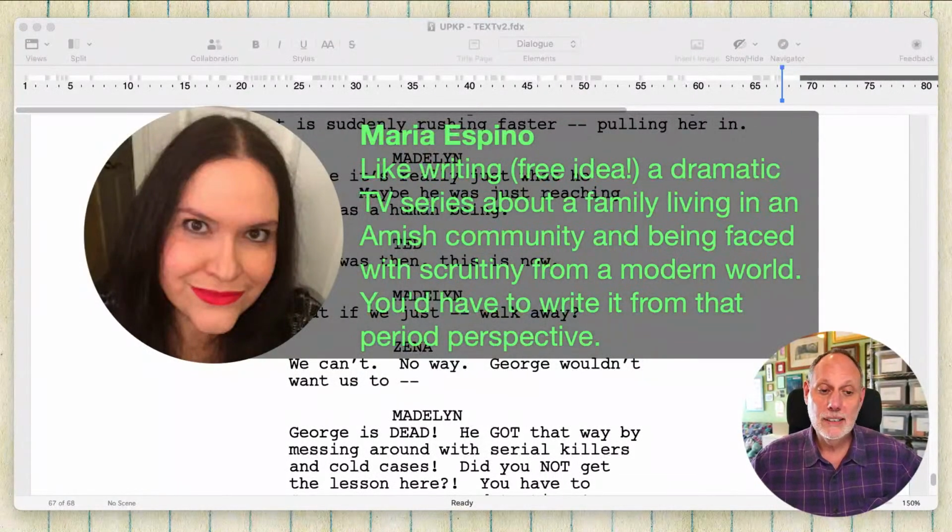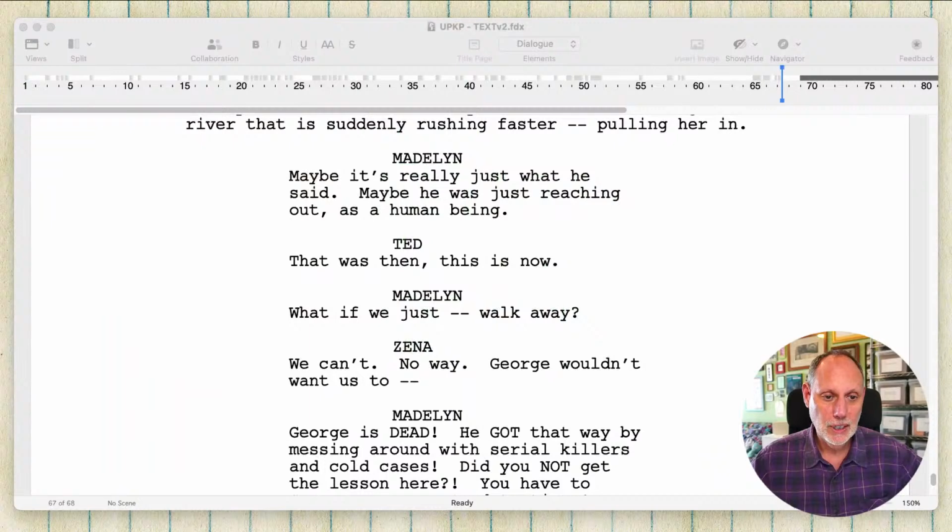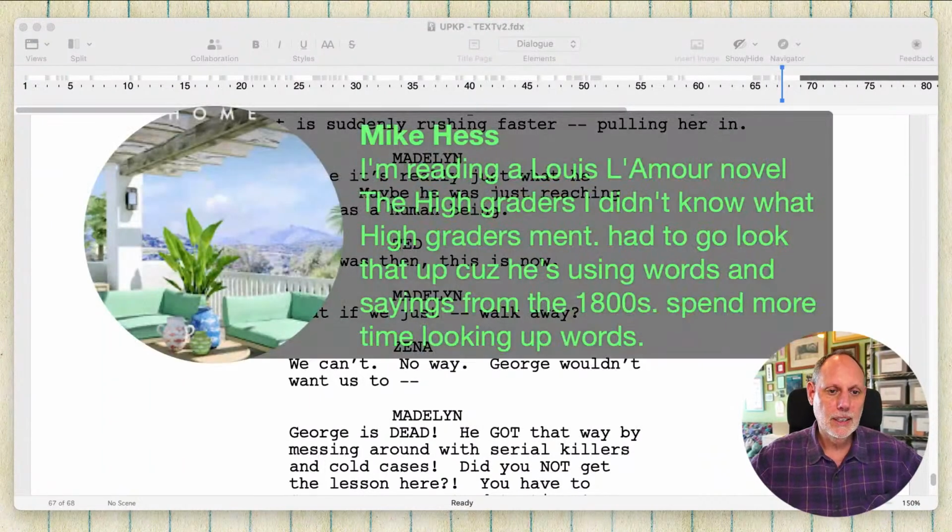Yeah, that is absolutely true. It's good. That's a good idea. I'm reading a Louis L'Amour, The High Graders. I didn't know what high graders meant.